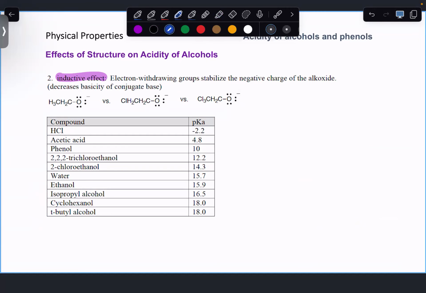So what I want you to do here is look at the difference between ethanol, 2-chloroethanol, and 2,2,2-trichloroethanol. So let's compare each of those ions.